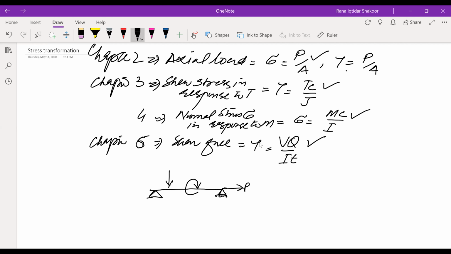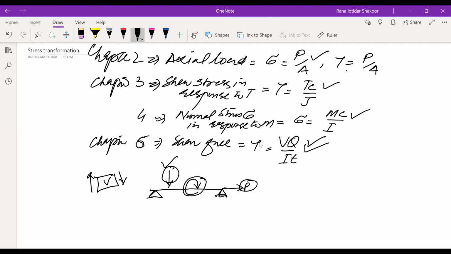This is basically chapter 2, this is chapter 4, this is chapter 3, and in response to bending we also have V, which can be calculated using this expression. So these are 4 different types of loadings, right?